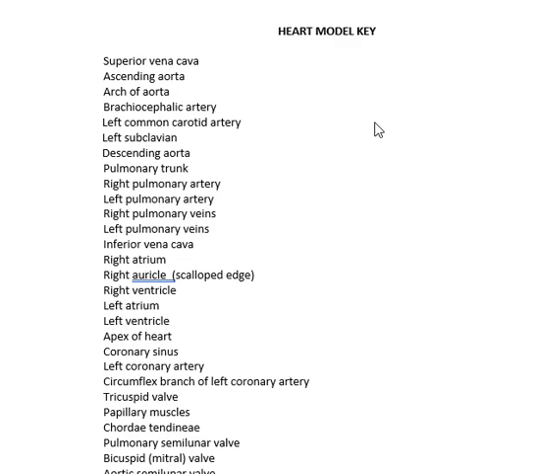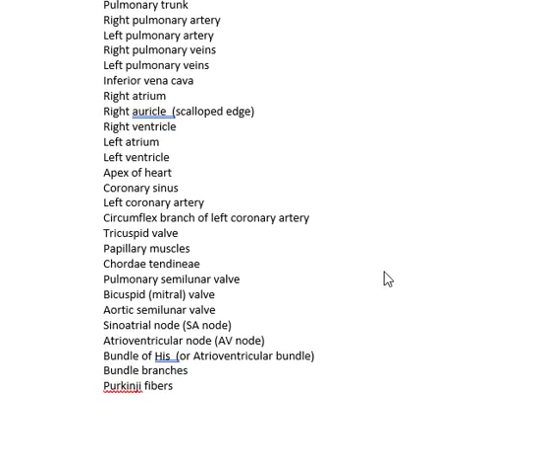Another thing I should point out before I forget it is the one bicuspid valve right there is also known as the mitral valve. So you probably heard of people who have a mitral valve prolapse. It means the blood can flow back down through the valve, and you can actually hear it when you listen to the person's heart because it's kind of a squishy sound as the blood regurgitates back.